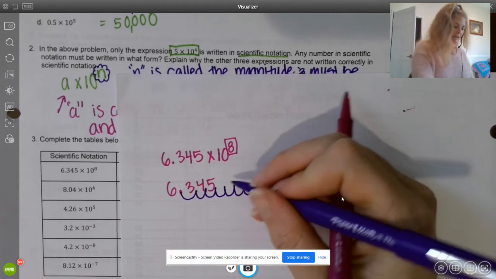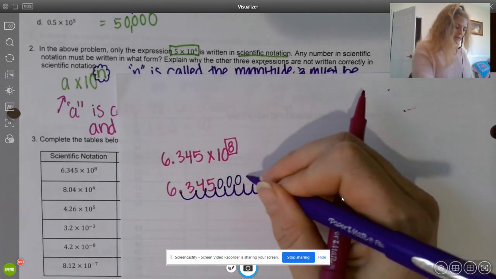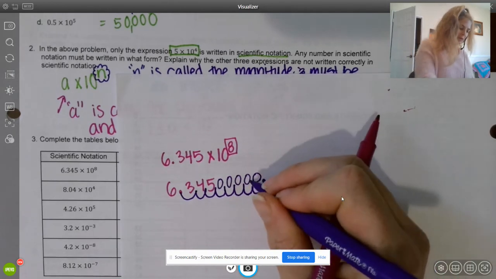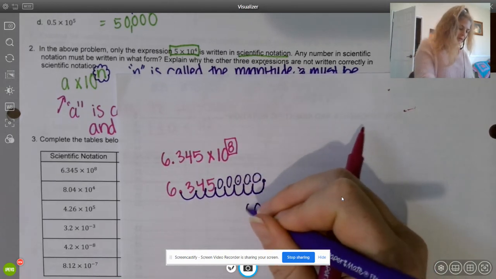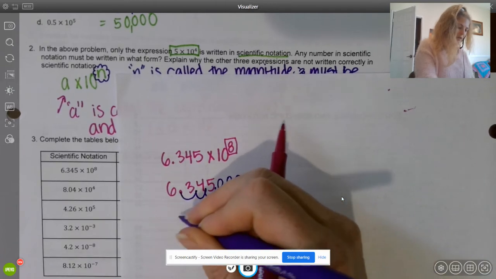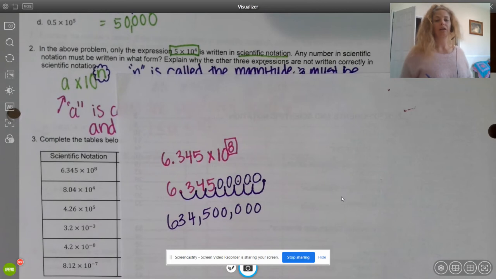Now put in zeros for your placeholders. Count backwards to put in your commas. 1, 2, 3, comma, 1, 2, 3, comma, 1, 2, 3.